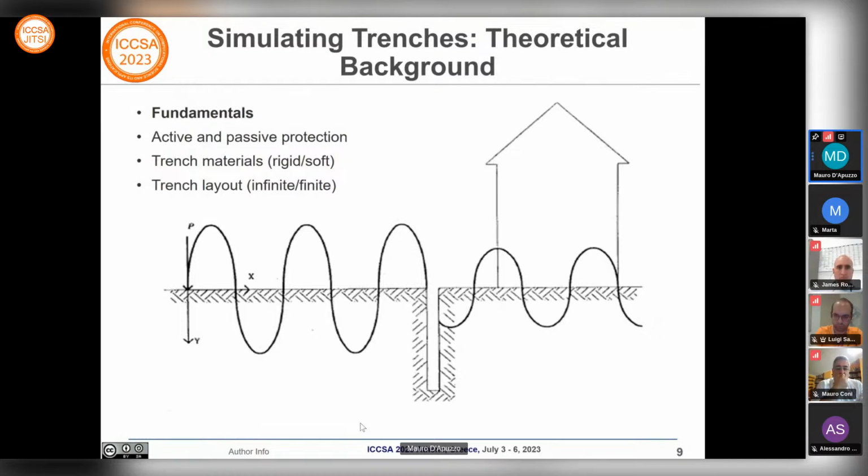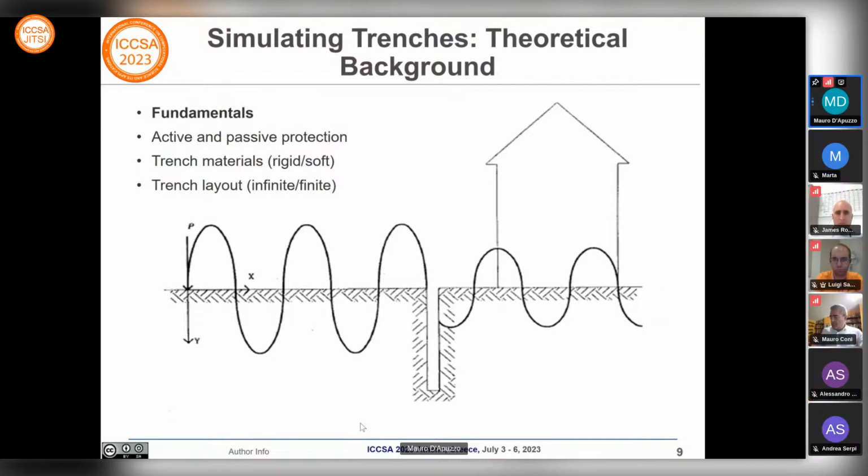Obviously, there are some similarities with screening barriers that are commonly used in noise in order to mitigate road traffic noise. So you can model, you can evaluate vibration just like an acoustic wave that will impact the trench or the barrier, and then that will be reflected and refracted.